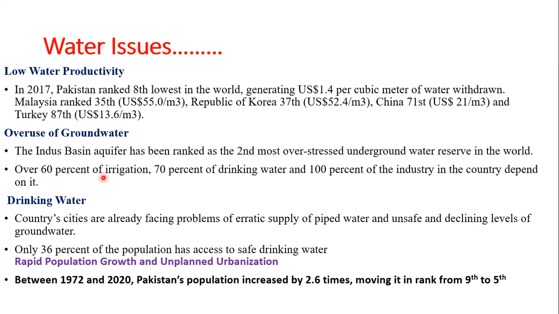About 60% of the water is used in irrigation, 70% of the drinking water comes from the Indus Basin, and 100% of the water of the industry is extracted from the basin.